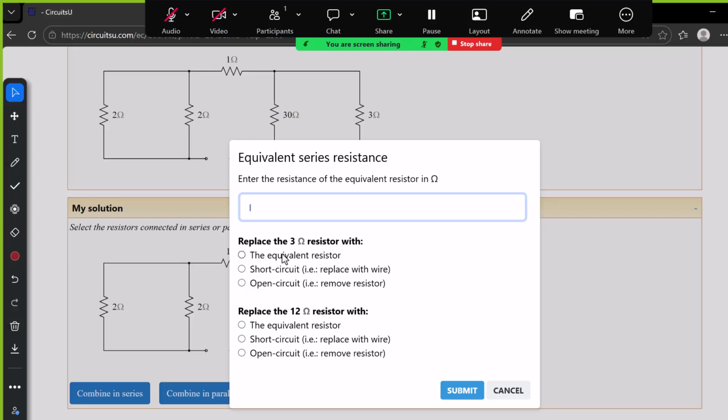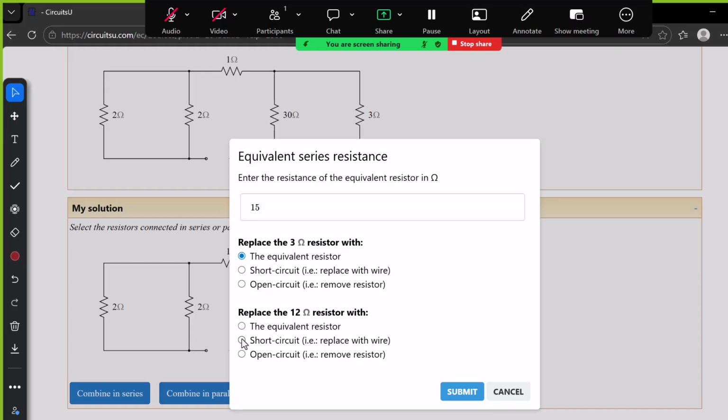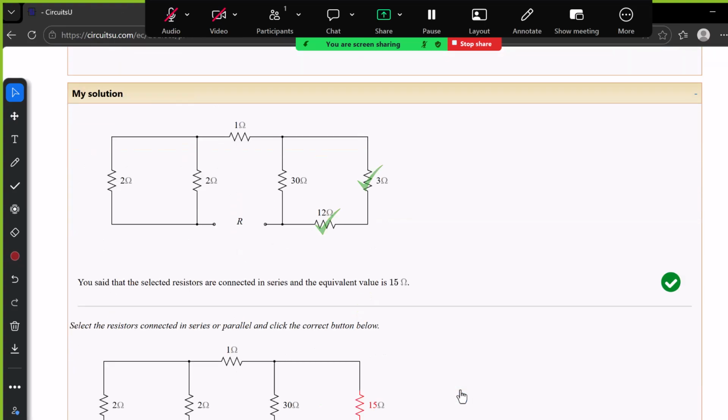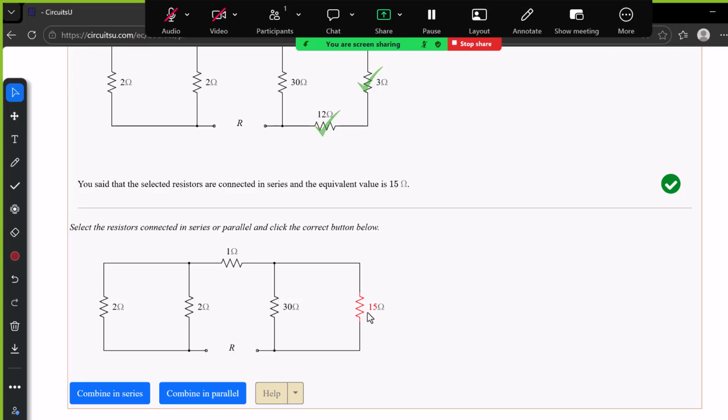Either way, whether it's the 3 or the 12, doesn't really make much of a difference, because they are in series. You can just swap them. So I will replace the 3 ohms in this case with the equivalent resistor, which is going to be 15. And since the connection is in series, we're going to have a short circuit. So I will submit, and then it is correct.